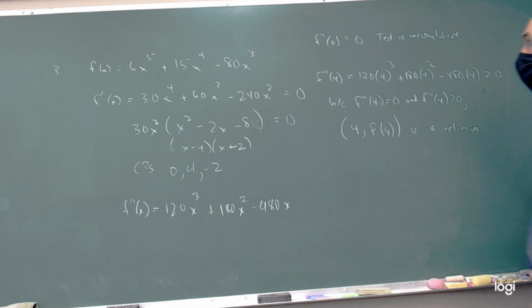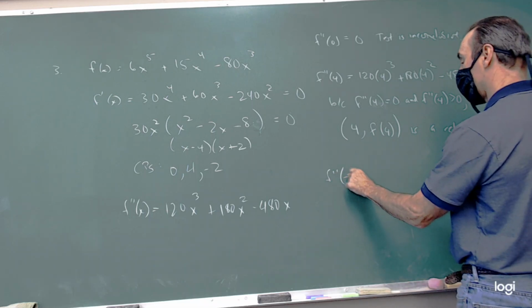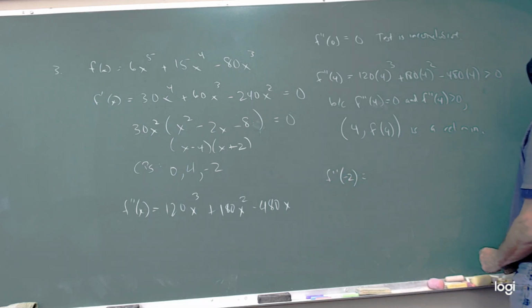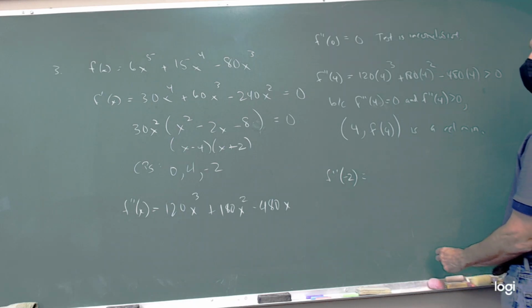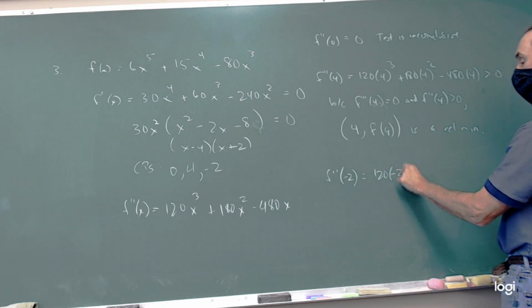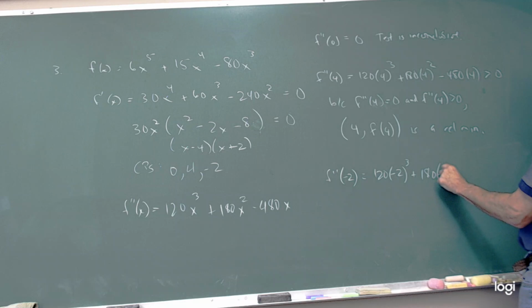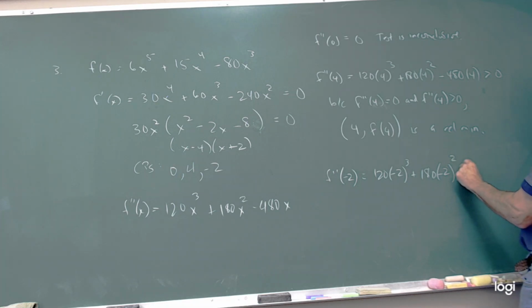Okay. F double prime at the third critical point, which is negative 2, is going to be 120 times negative 2 to the third plus 180 times negative 2 squared minus 480 times negative 2. This is not terribly clear.